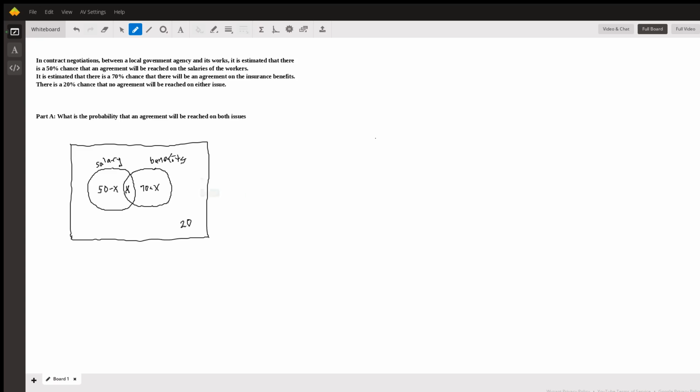And you can see the Venn diagram now. We've represented each area of the Venn diagram with an expression here, or in this case, a value. Well, all these things have to add up to 100. So then we just do 50 minus X plus X plus 70 minus X plus 20 equals 100. 50 and 70 is 120, 120 and 20 is 140.